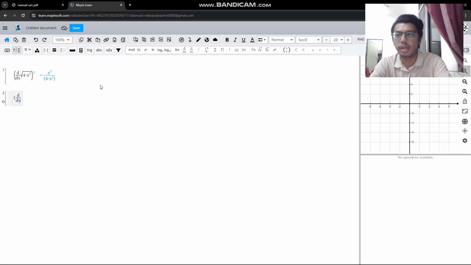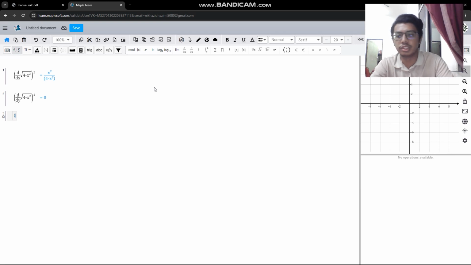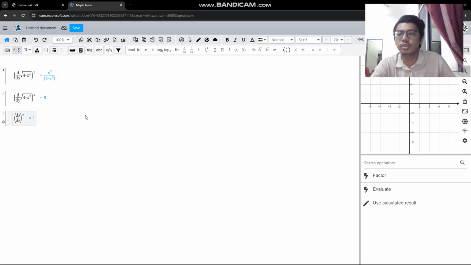So d over dy of square root of 4 minus x squared to the power of 2, and we get 0, which is true because in z there is no y. Next, we differentiate z in terms of z, which gives 1 to the power of 2, which is also 1.